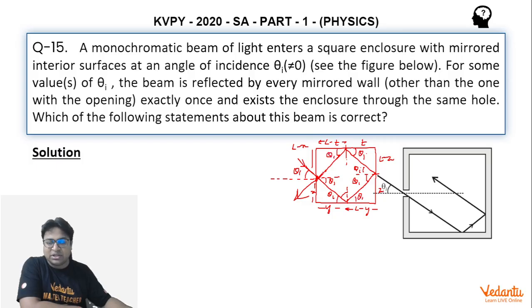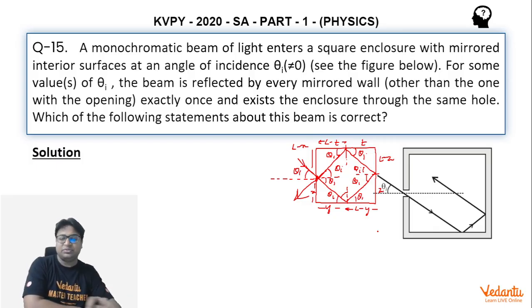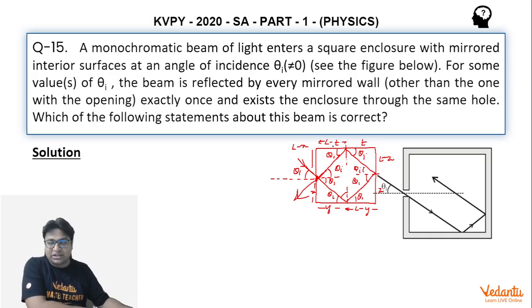Have a look at this, guys. This is simple geometry that I'm doing, and I think you will have a better chance of understanding what I have done here if you try to do this on your own. Try to draw this figure and try to figure out all these angles in terms of this angle theta I. So this is what you're going to get.